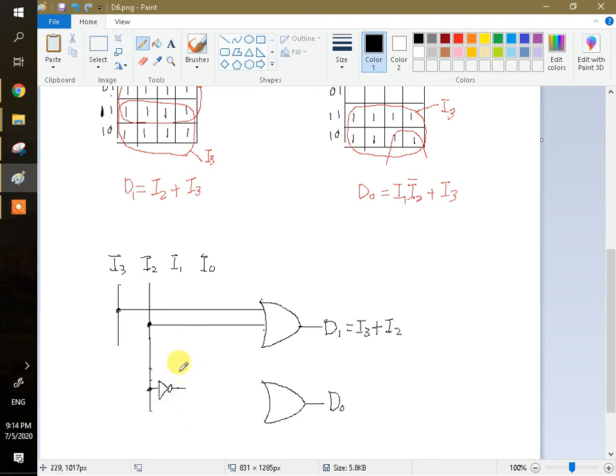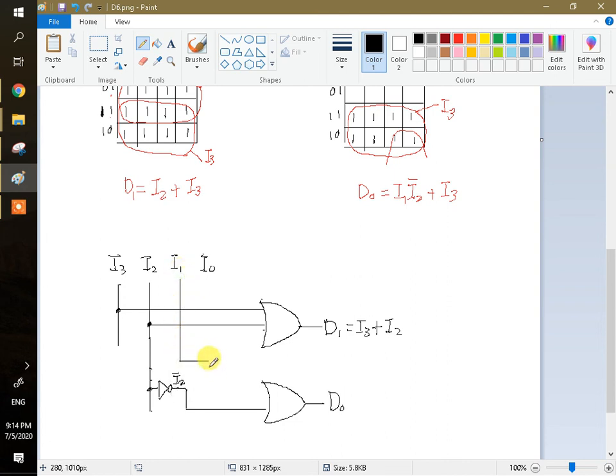So this I2 bar, as you know, this I2 bar, right? Let's write down here, I2 bar, so that people know. So I2 bar and I1. There's no I0. I0 is not being used, so we can ignore the I0 here. So the I1 here.